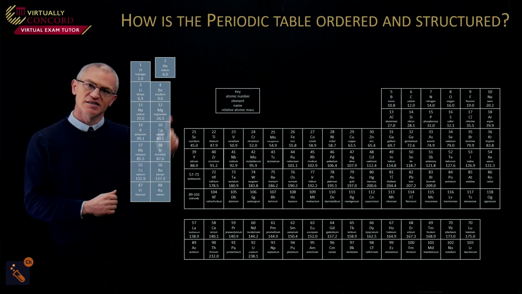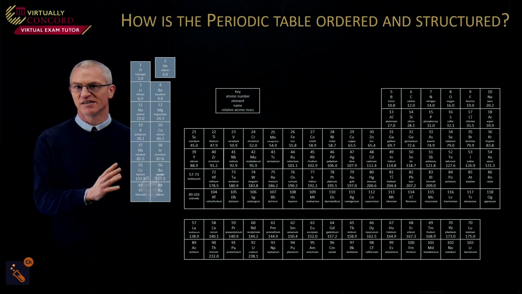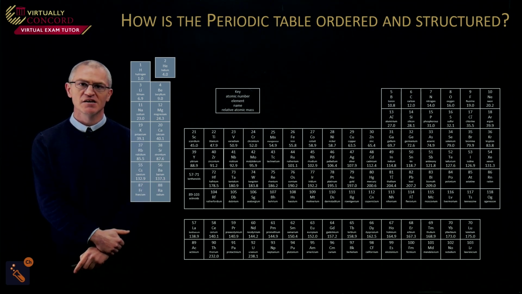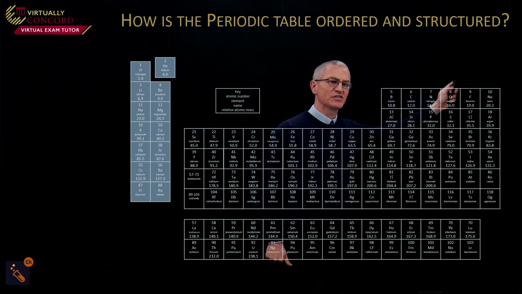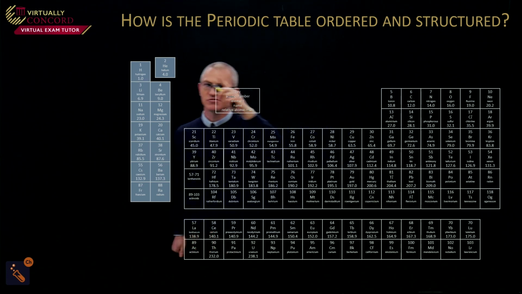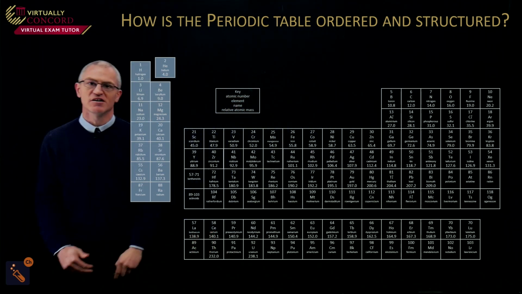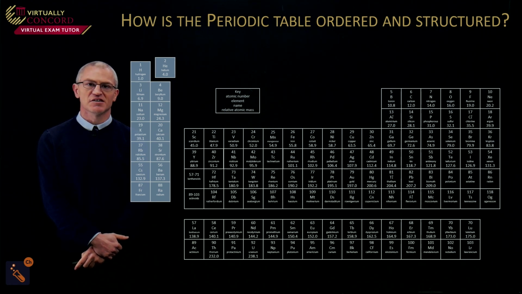So the block is on the periodic table, but it's the subshell, that's the electrons, where the electrons are going. So if we look here, helium is brought across from here. Helium has the same properties as the noble gases, but electronically, the electrons go into this S subshell, so it's still part of the S subshell, which is why it's in blue. Okay, so that's the S subshell.